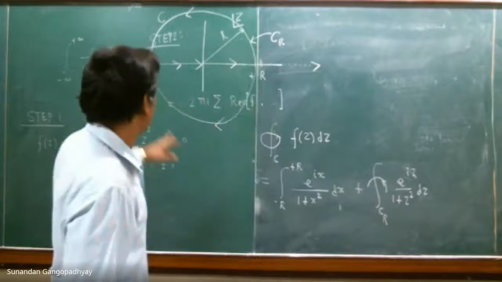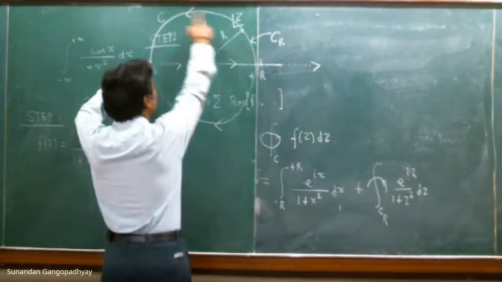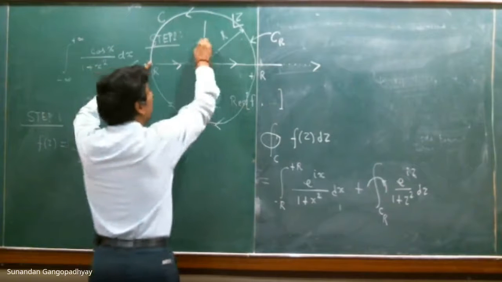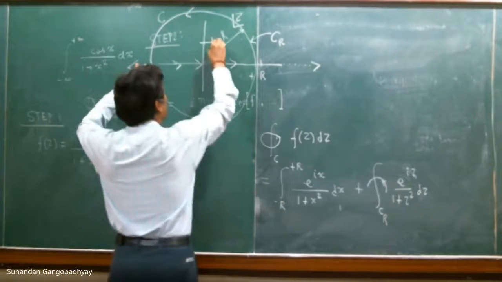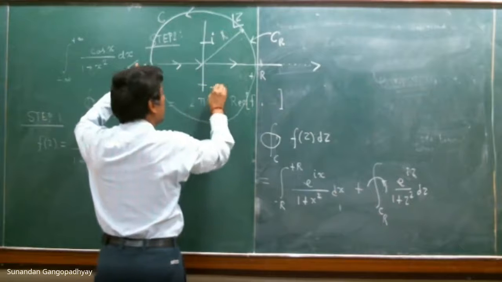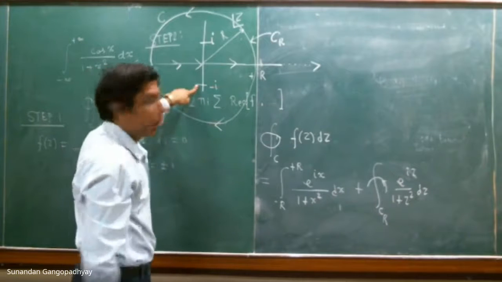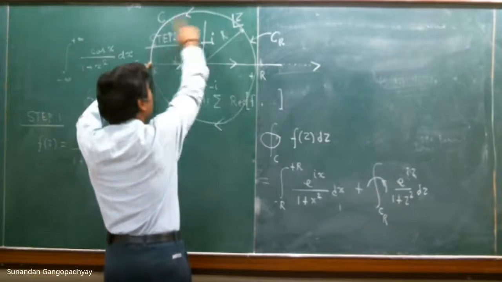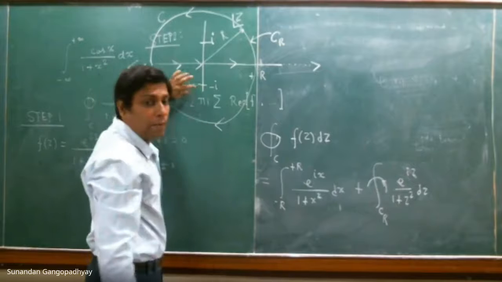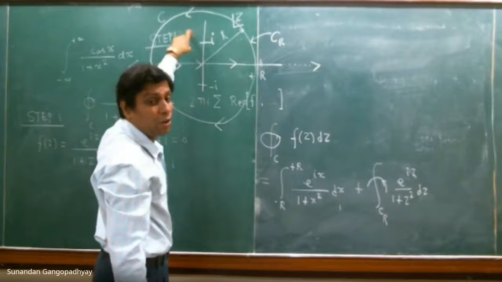But the point is that if I close it in the upper half plane, see there, the function f(z) has two poles, one at plus i and the other at minus i, right? So if I close in the upper half plane, this pole at minus i is not inside the contour.